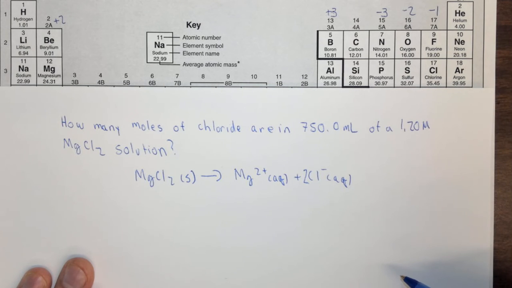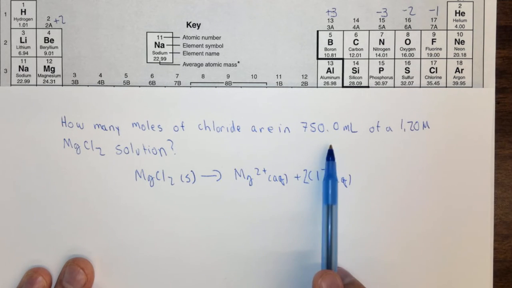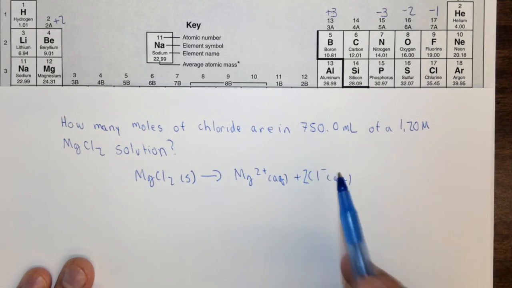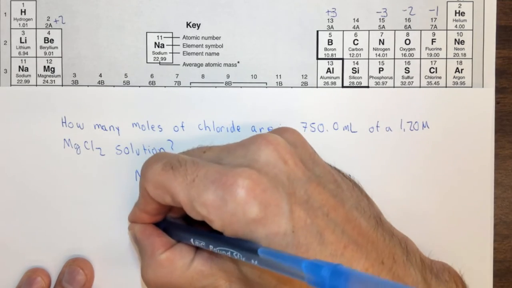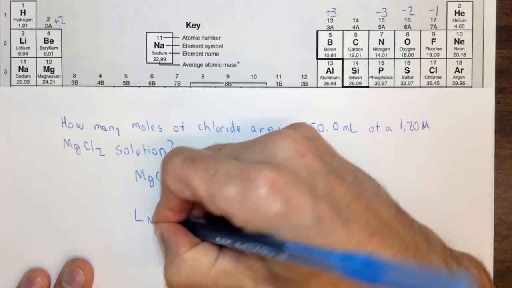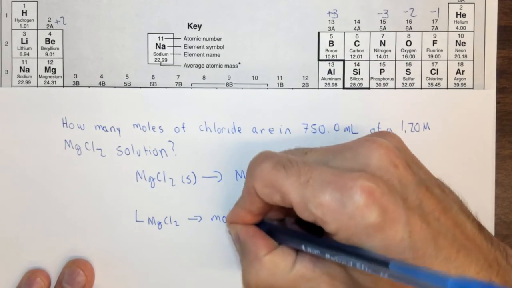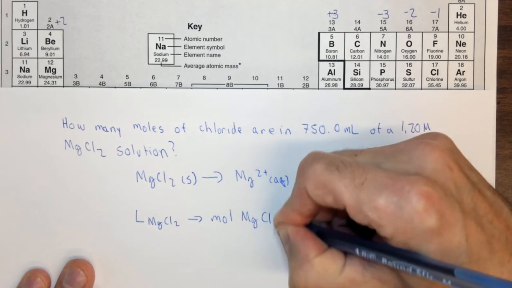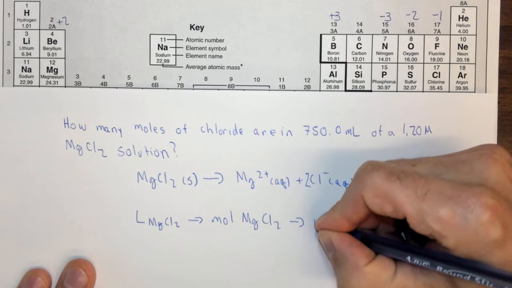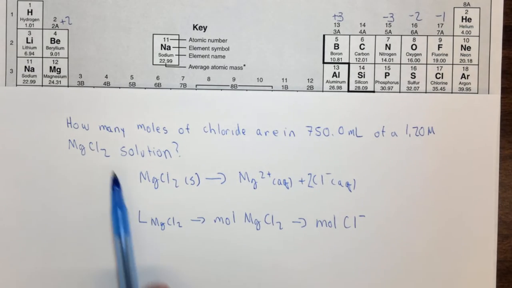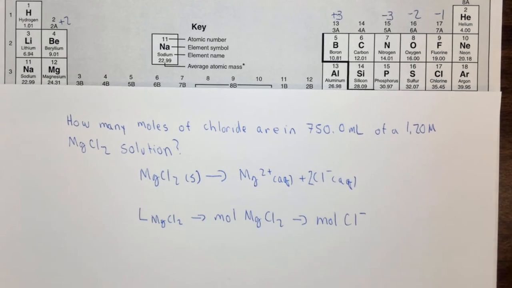So let's look at our plan of attack. In this case, we're starting with an amount of magnesium chloride solution. So we're starting with liters of MgCl2. We're going to convert that to moles of MgCl2, and then finally to moles of Cl minus, because it asks for how many moles of chloride, which is just Cl minus.